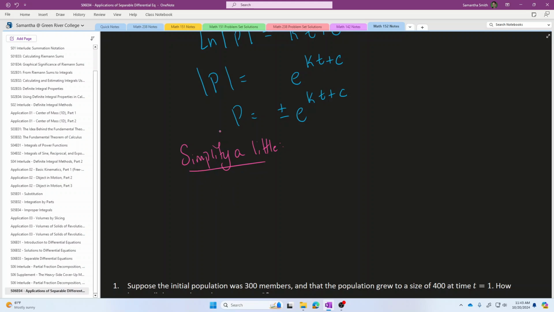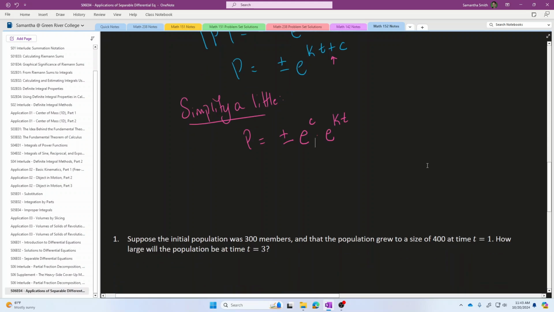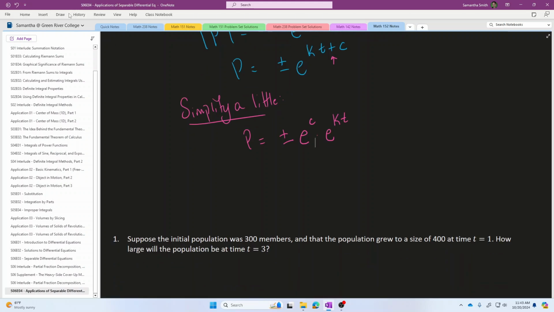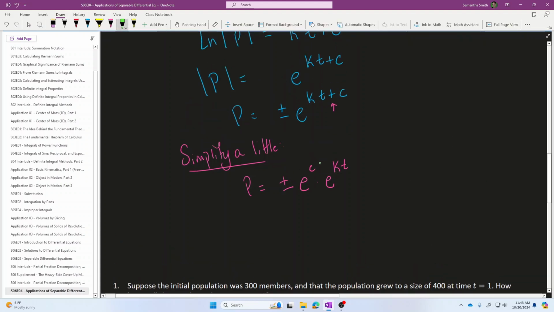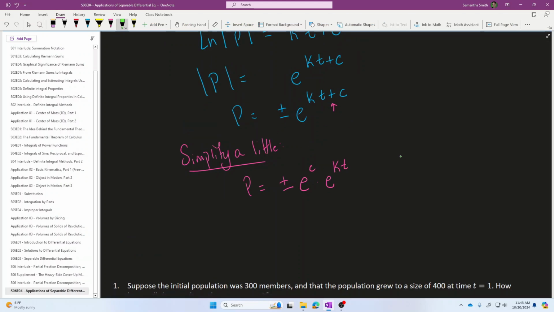The first thing that I'm going to do to simplify this expression is use the exponent properties to take this sum in the exponent and separate that as e to the kt separately times e to the power c. Now, we remember that when we introduced this notation c in the indefinite integral, that c just stood for some constant, right?